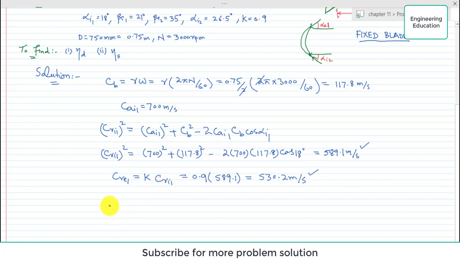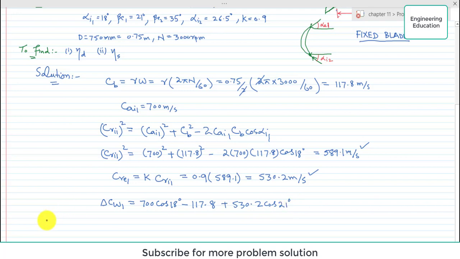Now to find the value of delta CW1 from the first row, we can write from the velocity triangle: 700 cos of 18 degree minus 117.8, which is the blade velocity, plus 530.2 cos of 21 degree.